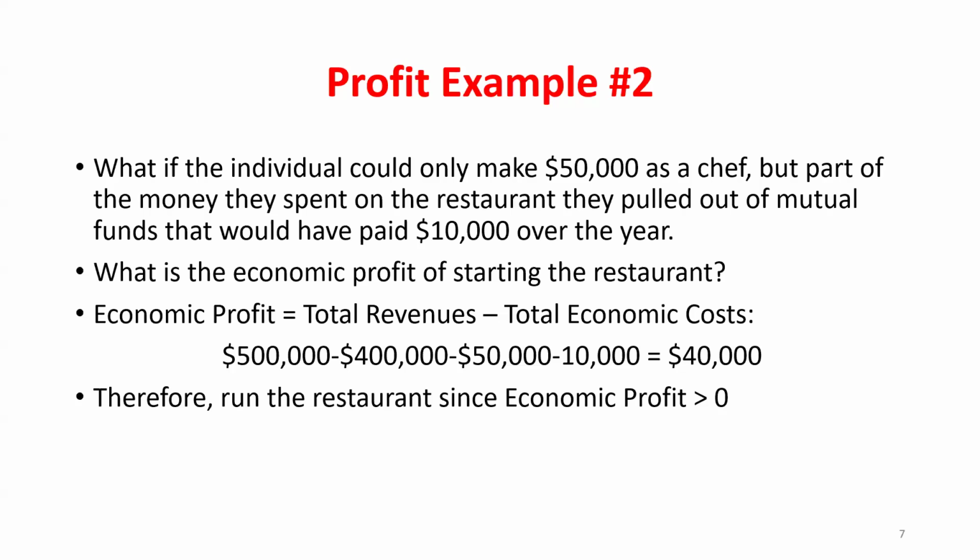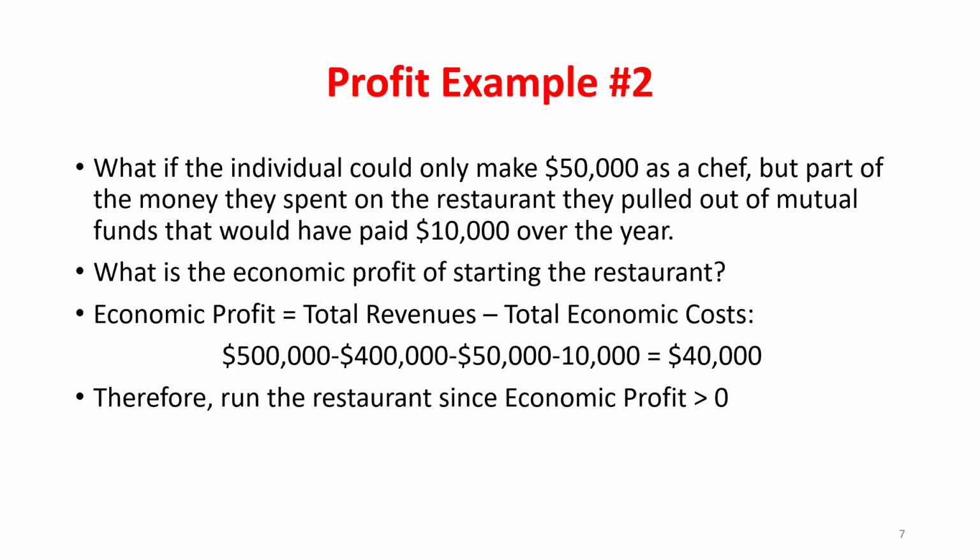Now, I also want to make the point that it's not just foregone wages when I'm thinking about a firm making their decision. In fact, for most firms, it's not like I'm going to leave that industry and go work for someone else. I'm probably just going to have a business in a different segment. But what's another type of opportunity cost? If I've taken $400,000 and I put it into this business, what could I have been doing with that $400,000?